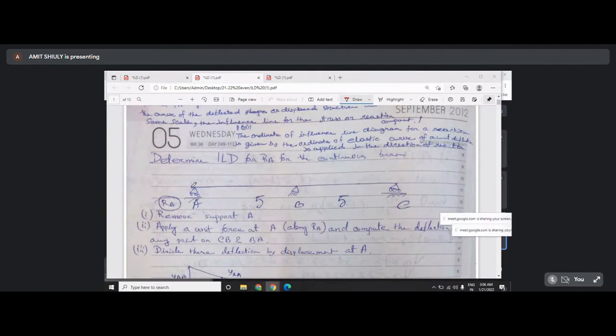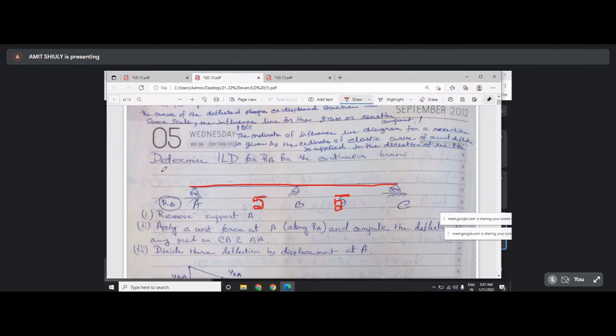Suppose this is a two span beam, 5 meter by 5 meter, and EI is constant. For simplicity here; even if EI is not constant, this can be done easily.